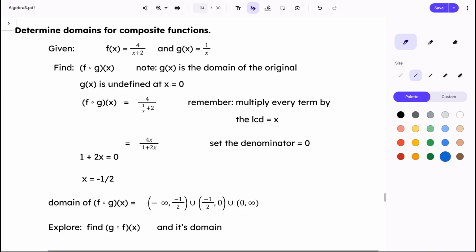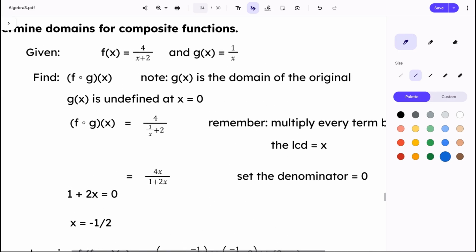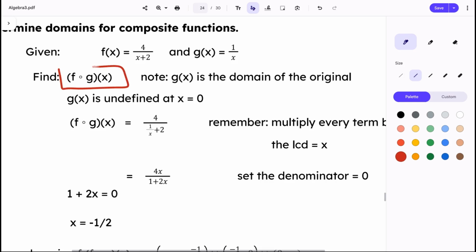We could do the whole composition. They're just not asking for that. So they're giving me two functions now, f of x and g of x. You can see how both of them already have fractions involved. So anytime we see a fraction, that probably means we're going to have to focus on the domain a little bit. They're having us do f of g. That's what they have notated right here. They are already stating that the g function would be undefined at x equals 0 because it's just got an x in the bottom, and that would be an issue if we had a 0 there.